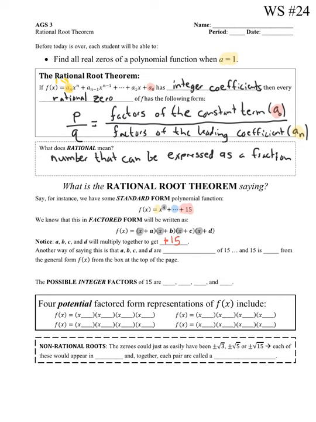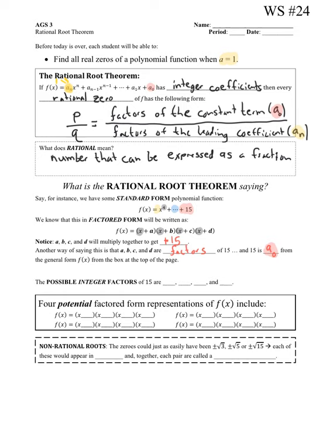Another way of saying this is that a, b, c, and d are factors of 15. And 15 is the constant term, a sub 0, from the general form f of x from the box at the top of the page.